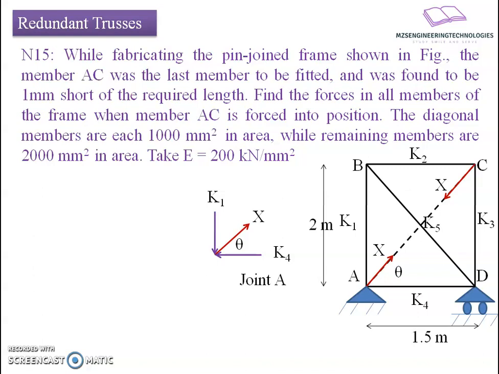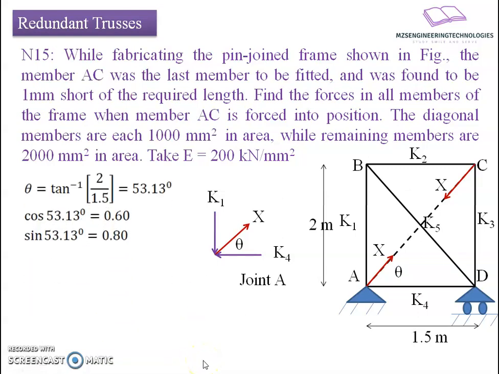At joint A, we have three forces: two member forces and one applied redundant force X, which is tensile in nature. To compensate for that, we are going to consider the sign convention for the member forces as compressive in nature. Now after knowing the free body diagram, let's talk about the inclination of this redundant force with reference to horizontal.